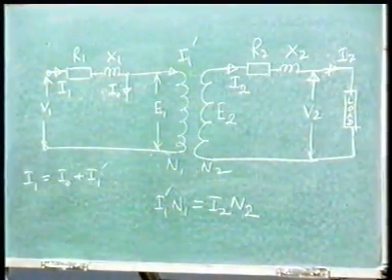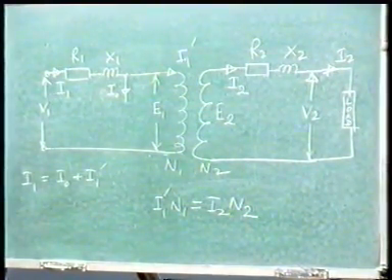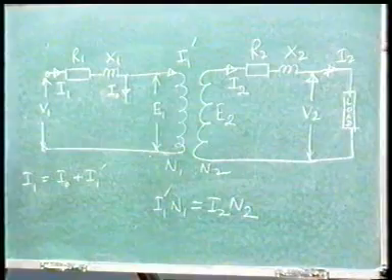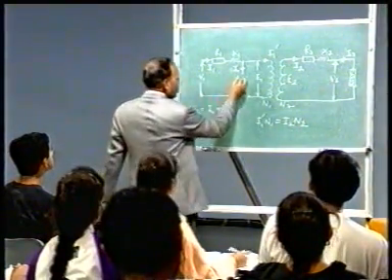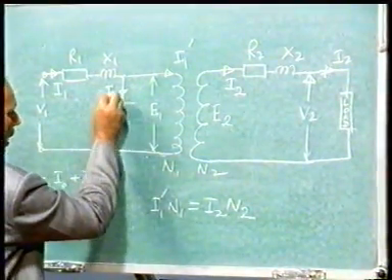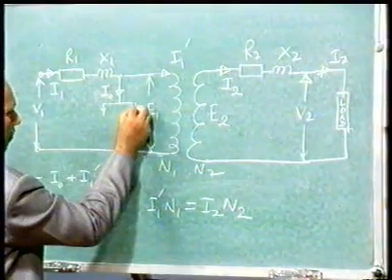IM is a current which lags the voltage by 90 degrees. That means it flows through an inductance, because in an inductance current lags the voltage by 90 degrees. So I can show an inductance here.